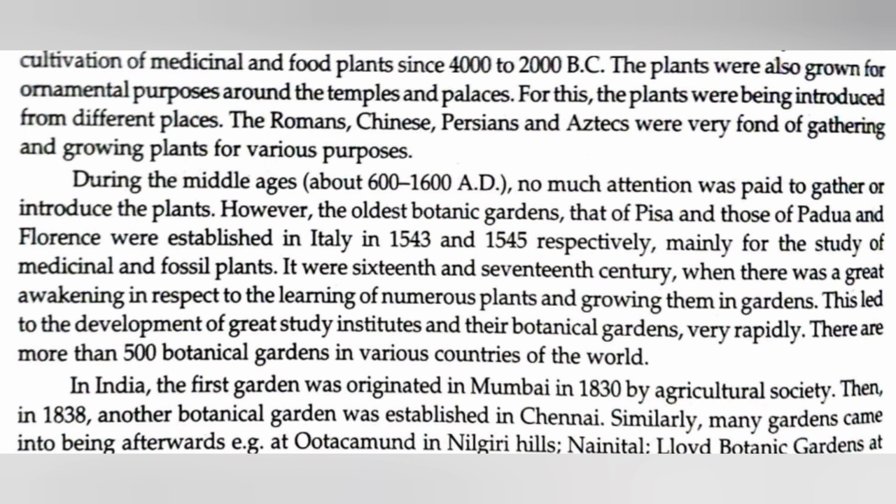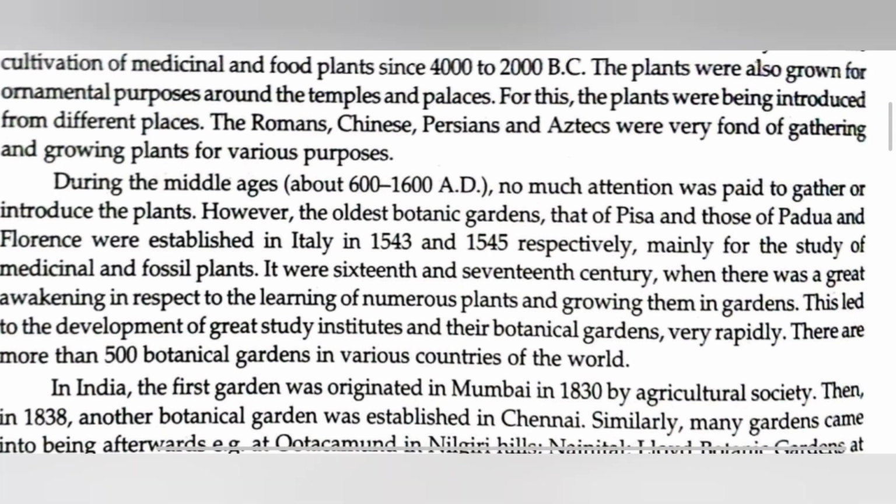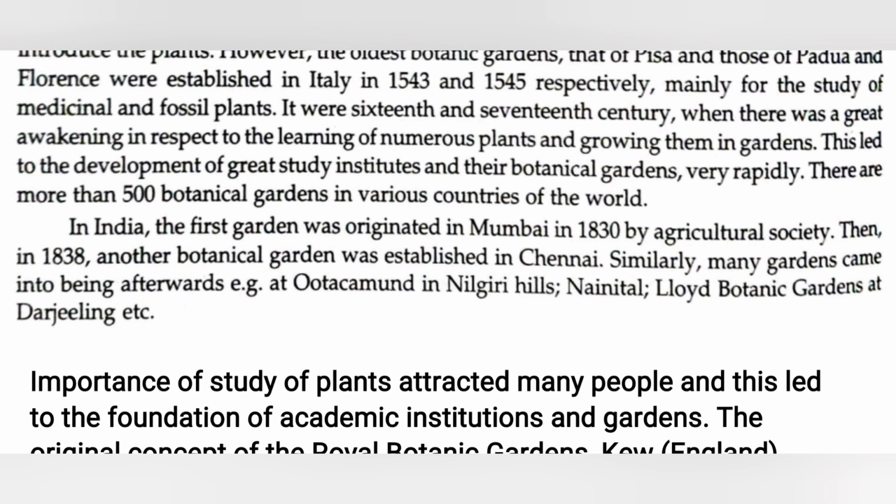In India also, the first garden was originated in Mumbai in 1830 by the Agricultural Society. Then in 1838, another botanical garden was established in Chennai.